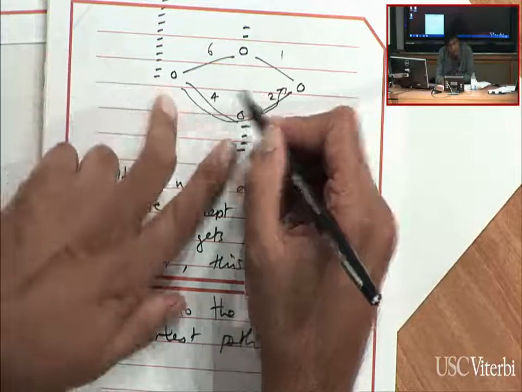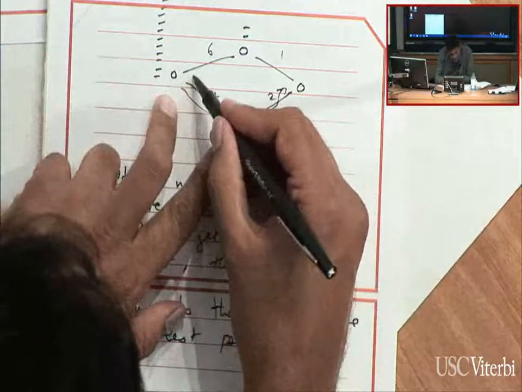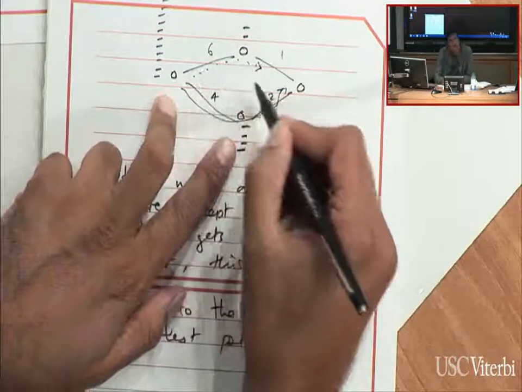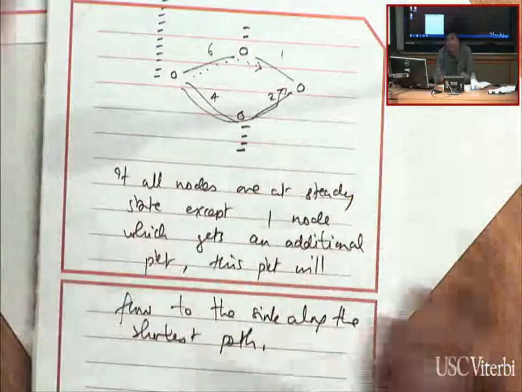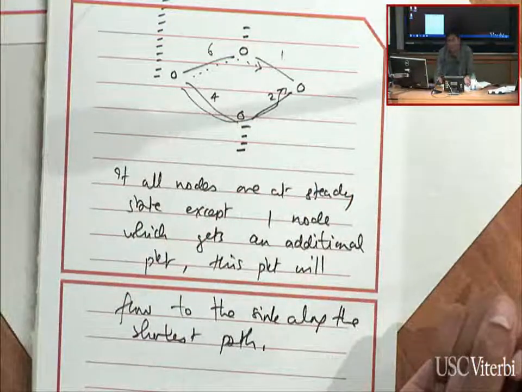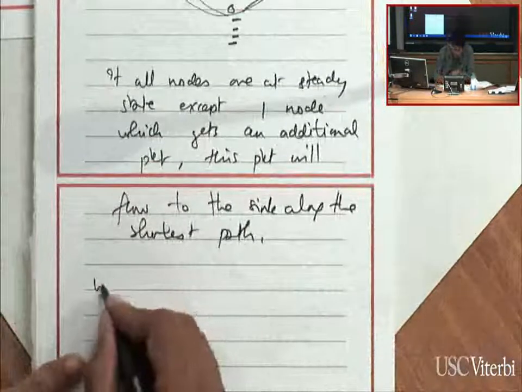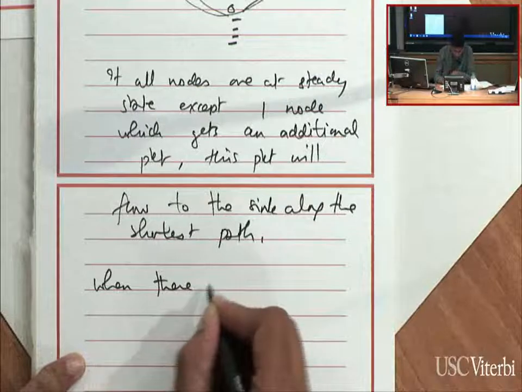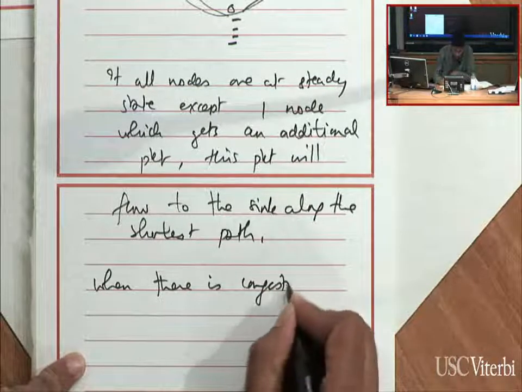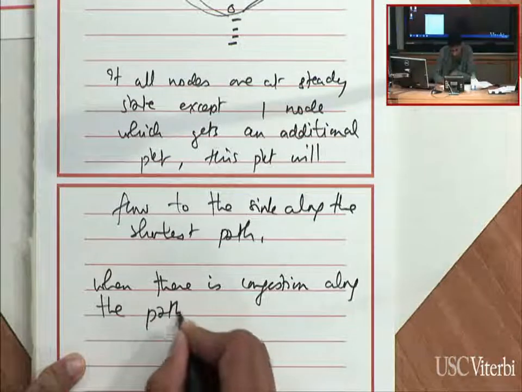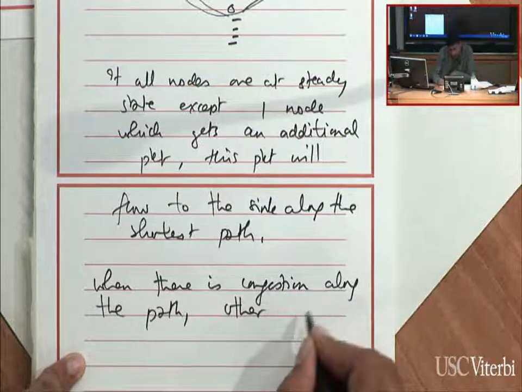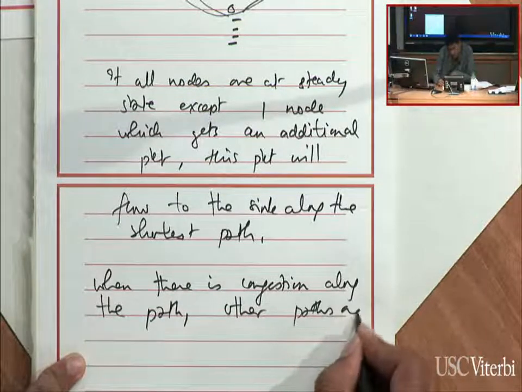And BCP will notice that this queue is large and will send the packet along a different route instead. So in other words, when there is congestion in the network, it diversifies the paths. Okay. So when there is congestion, other paths are followed.